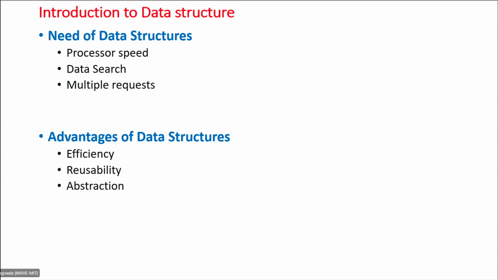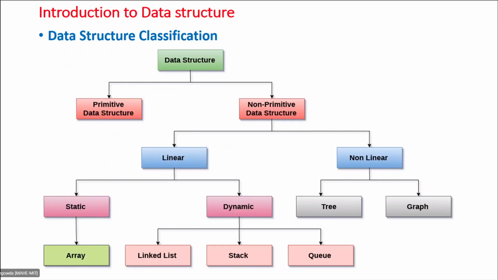So these are some of the advantages we can get if our data are arranged using data structures. This slide shows you the classification of data structures. Basically, there are two types of data structures. The first one is primitive data structure. The second one is non-primitive data structure.